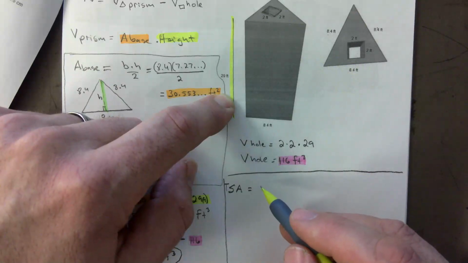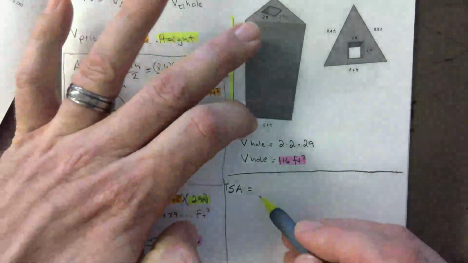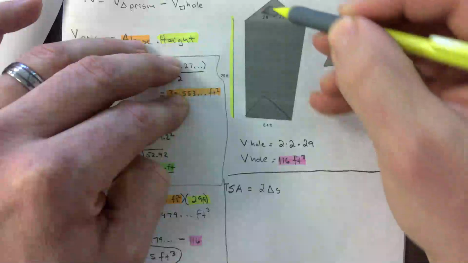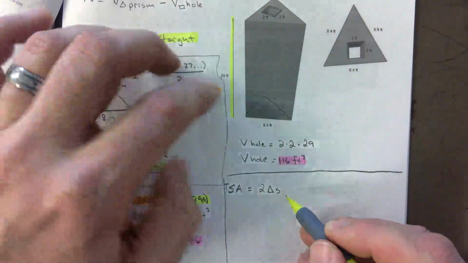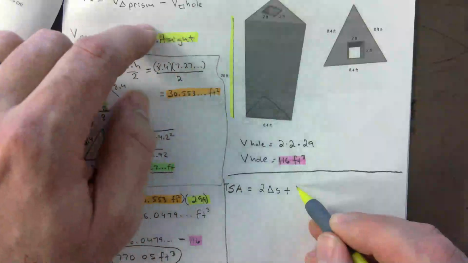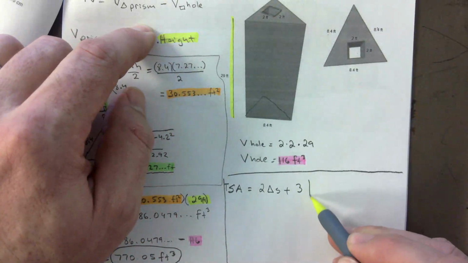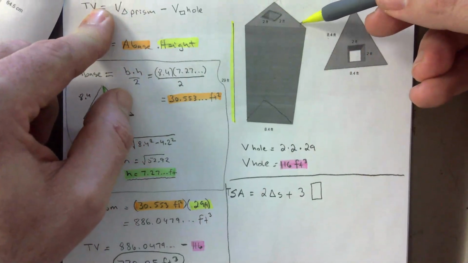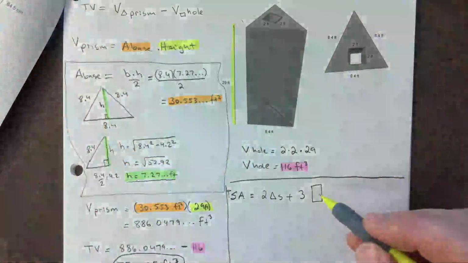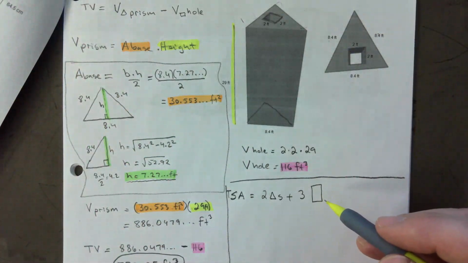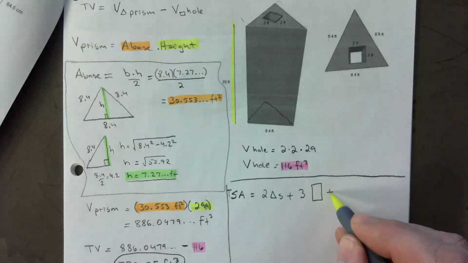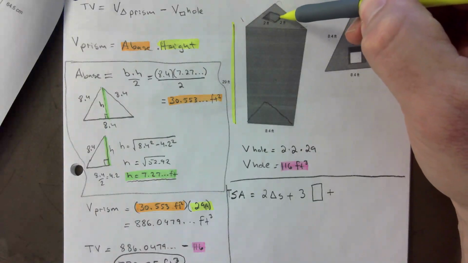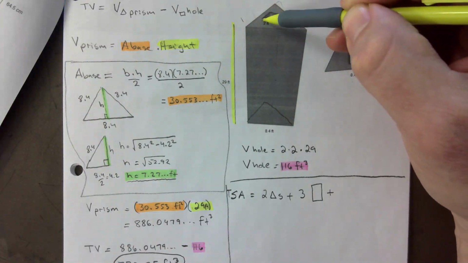So if you think about it, you can say there are technically two triangles, right? The bottom one here and the top, right? So I'm going to add those two, plus I have three kind of rectangles, like the three sides that are all around the shape, right? So I have those three, so I'm going to add that, plus there are the four small rectangles that go all the way through the shape here, right?